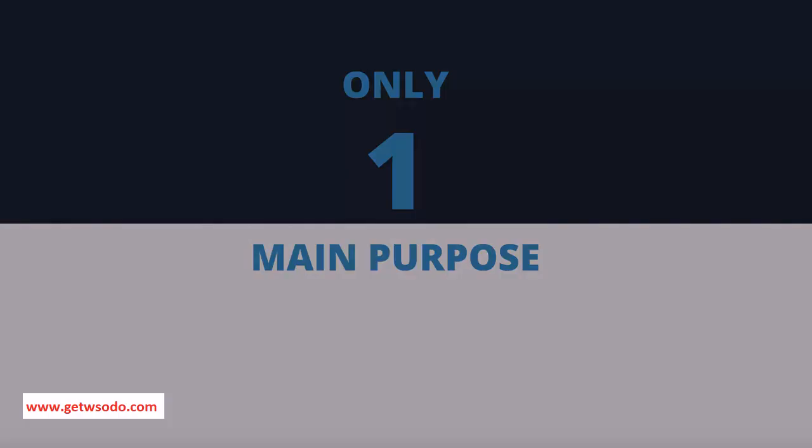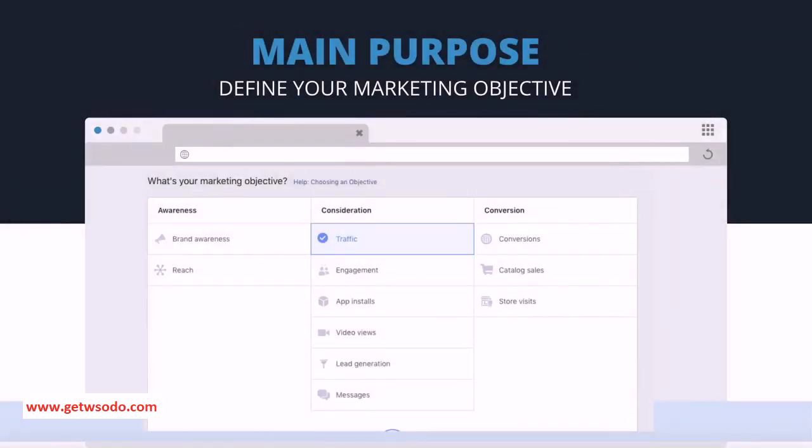So one main purpose. You have to define your objective, and Facebook will ask you right off the bat what is your marketing objective. And believe it or not, Facebook is really good at sending what you're asking for. If you say engagement as your objective, Facebook is going to send a lot of people who have a pretty good history of engaging.